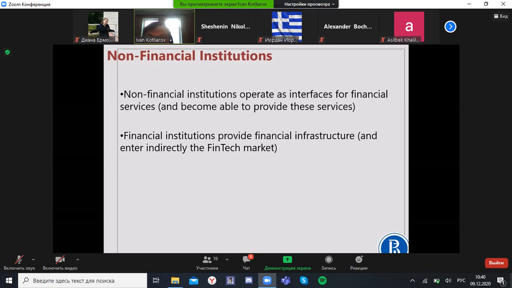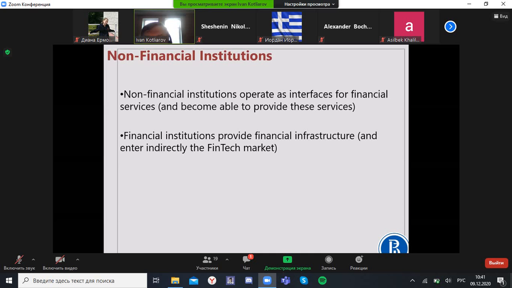On the other side, financial institutions, banks, for example, do not always have digital outlets for selling their products. Obviously, they have their own websites and apps, but it is not enough to cover all potential audience.